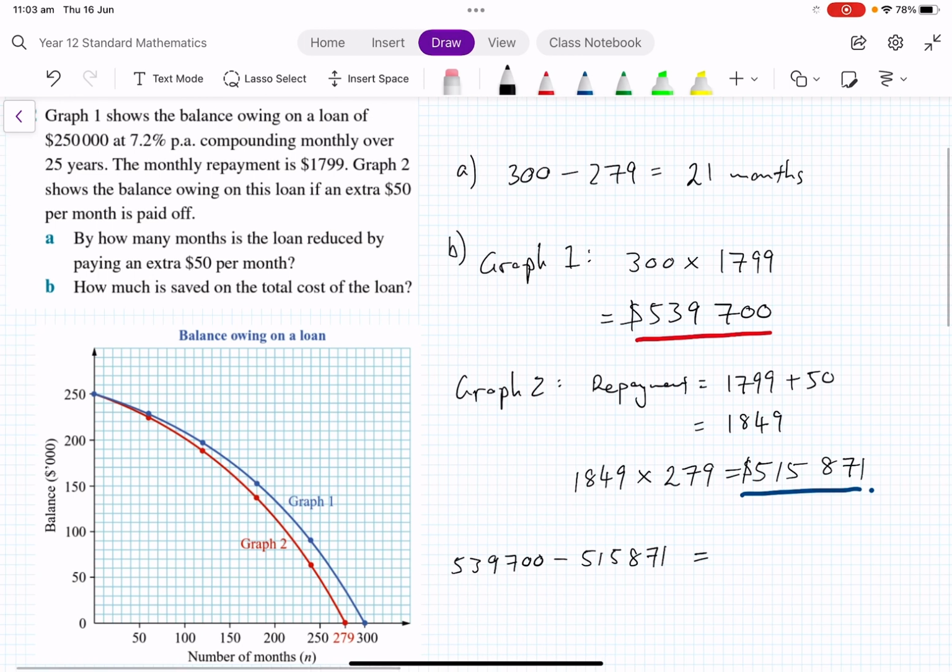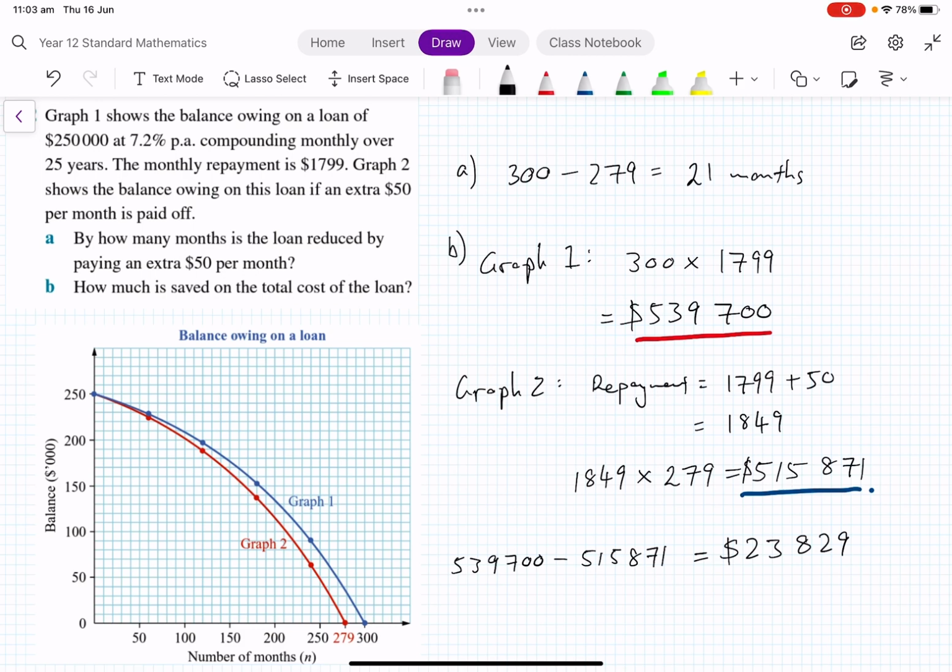By doing that consistently over the life of the loan, you end up being able to go on a massive holiday, because you will save $23,829. Essentially, that's like a small new car, or a fairly decent used car.